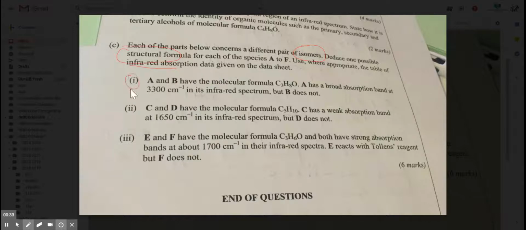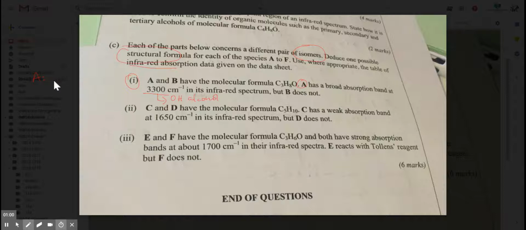Okay, so let's do part 1 first. So they've got the formula C3H8O. A has a broad band at 3,300 cm^-1. And that tells us that we've got an OH bond from an alcohol. So let's draw A out here.